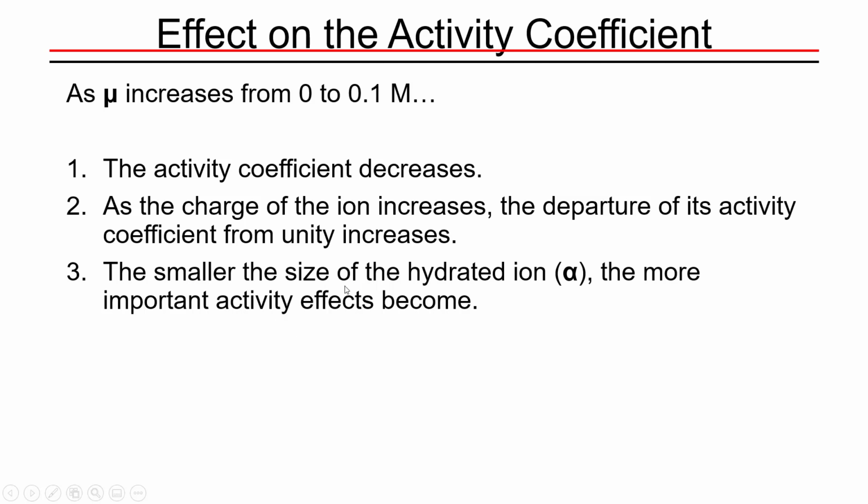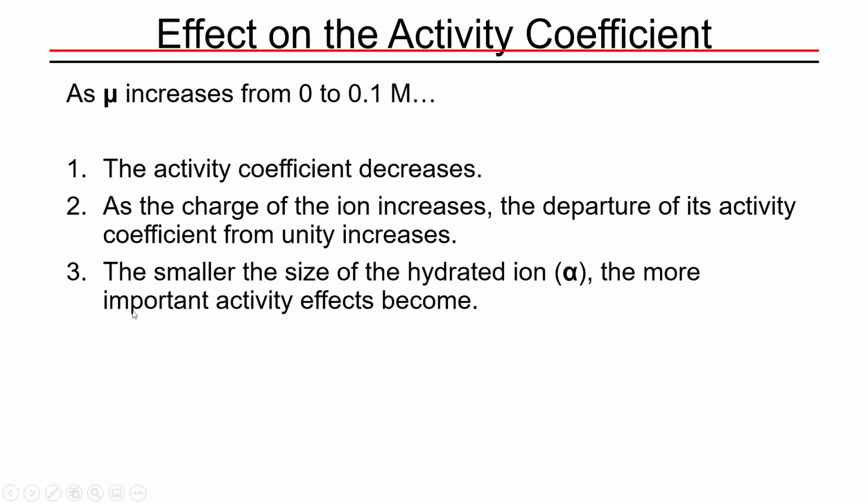It's also worth noting that the smaller the size of the hydrated ion, the smaller its alpha value, the more important activity effects become, which is to say the more its activity coefficient deviates from 1 as the ionic strength increases. So for larger ions, the value of gamma drops more slowly with ionic strength, and for smaller ions, those activity effects become more important at higher ionic strengths.